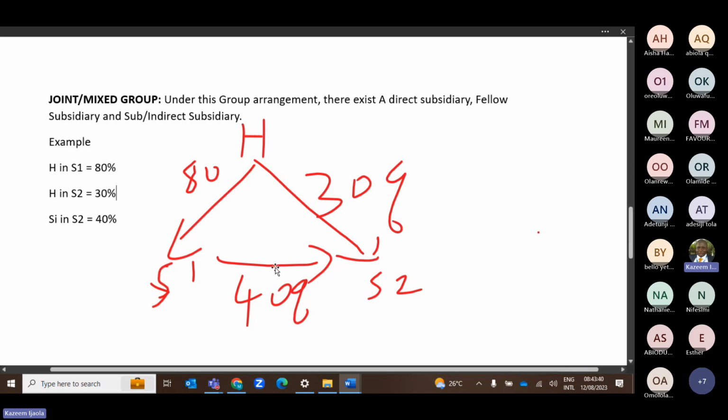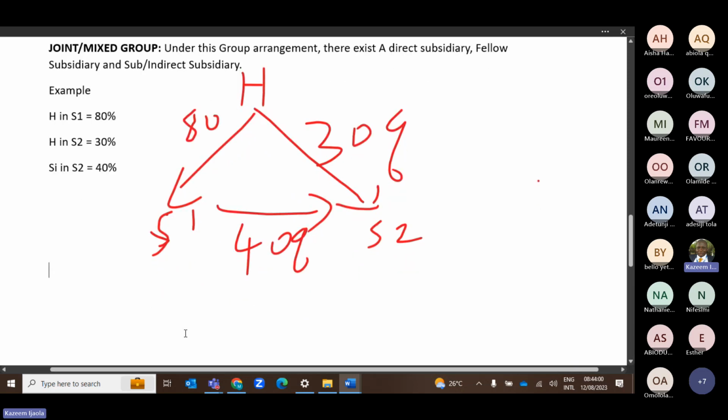Then if I remove X1 in S2, 40%, what we'll have is fellow subsidiary, that is H in X1 and H in S2. Then if I remove the 40% and this 30% too, you will only have H in X1, which is direct. So you discover that every form of group structure exists in this diagram.